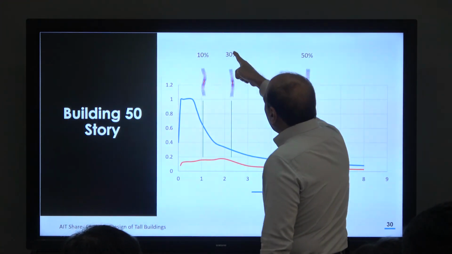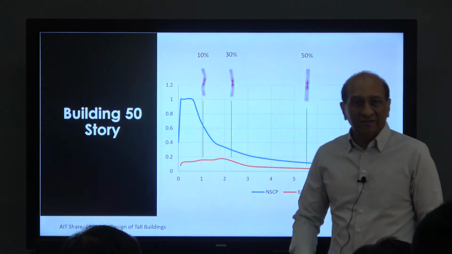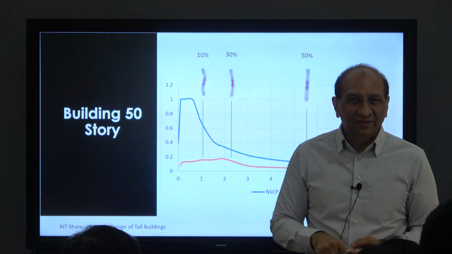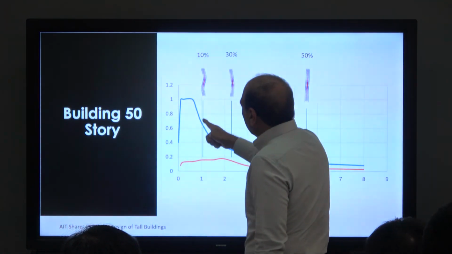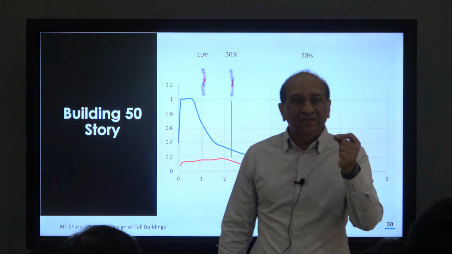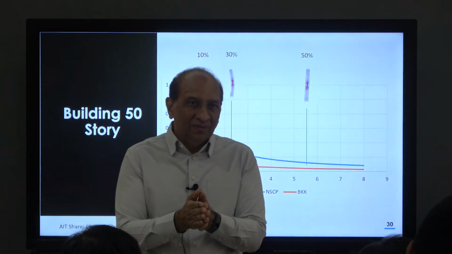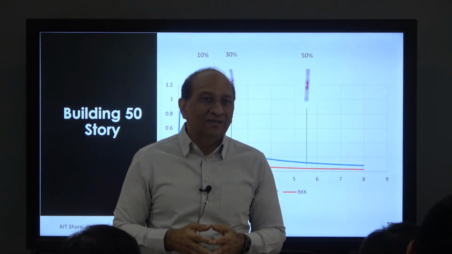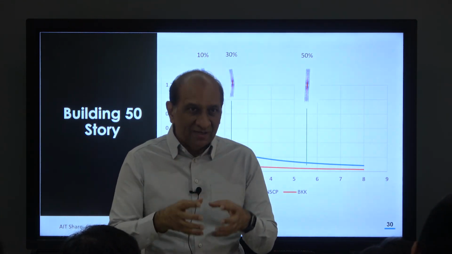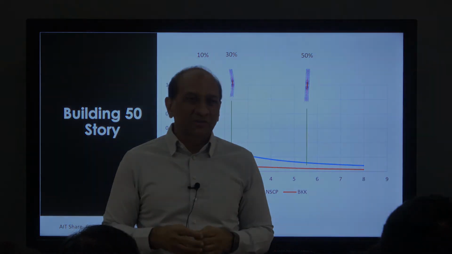Second mode, 30% mass participation, but the ordinate of the response spectrum is larger, acceleration is larger, large force will be generated, and only 10% here, but the ordinate has become much larger. So even though only 10% of the mass is moving, because of the response spectrum, large force will be generated for that mass. So that's why mass participation ratio is very critical. That is the one multiplied by the response spectrum that generates the force.